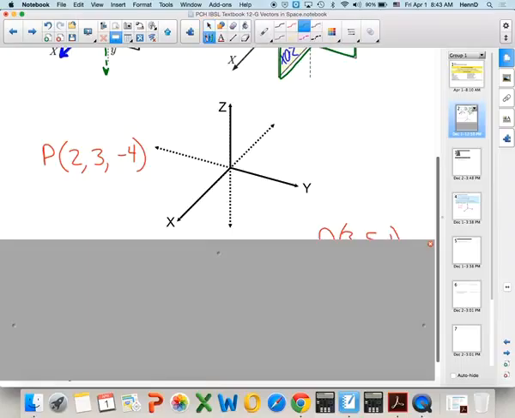If I'm graphing this, I need to go 2 units in the X direction, 3 units in the Y direction, and negative 4 units in the Z direction, okay? But getting this to look right can be a challenge, all right? So here I have 2 units in the X direction.